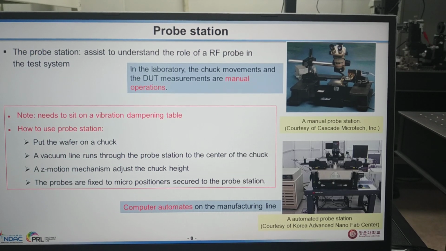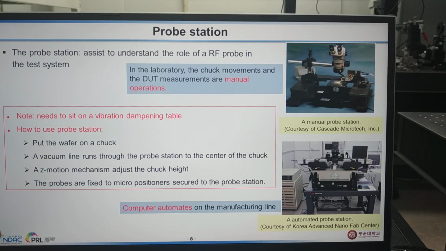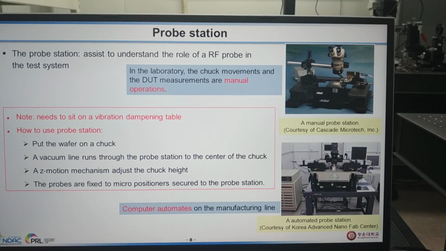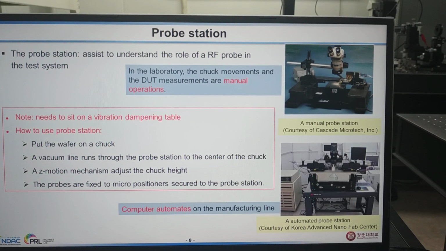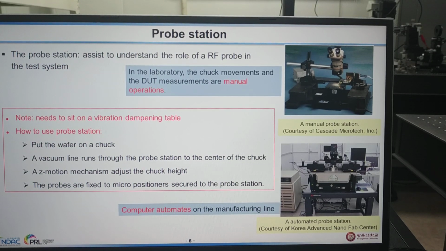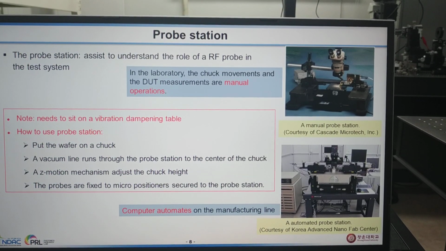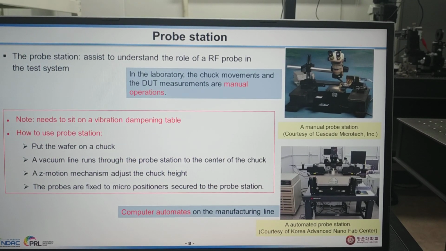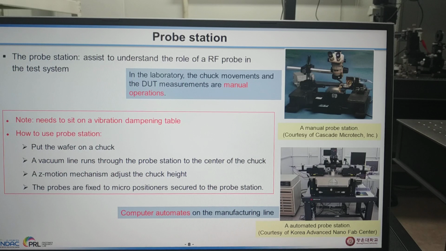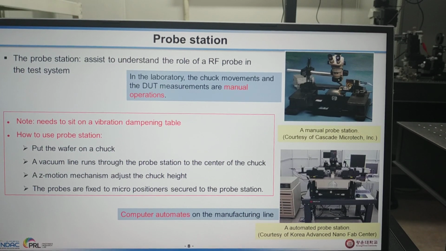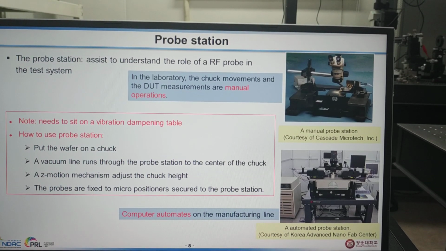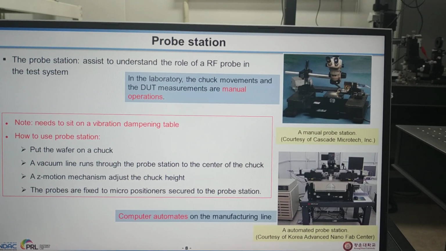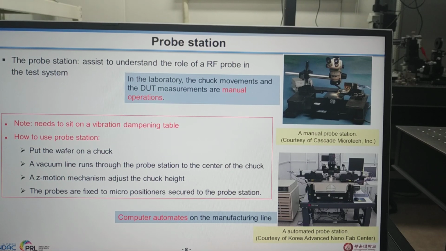Before using the prober station, it needs to be set on a vibration dampening table. Here is the use of the prober station. First, the wafer should be put on a chuck, and a vacuum line runs through the prober station to the center of the chuck.